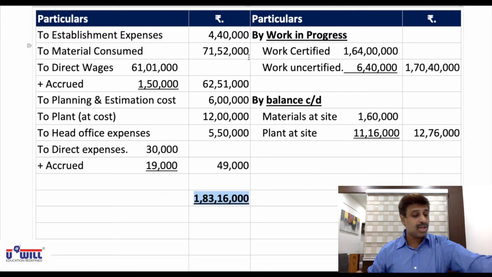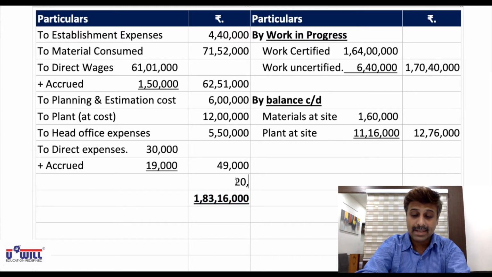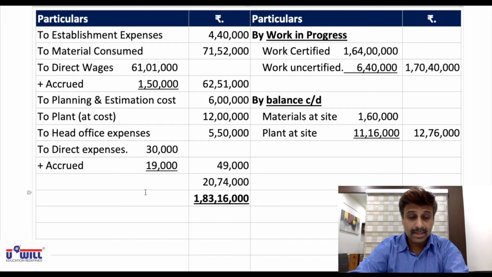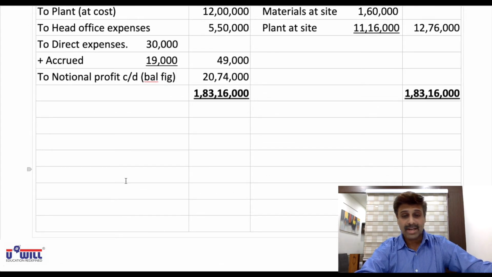So you all get a notional profit of 20,74,000. Here you write down 20,74,000. That is notional profit carried down, in bracket balancing figure. Okay, balancing figure 20,74,000 we obtain as notional profit. Okay, all of you can cross check.